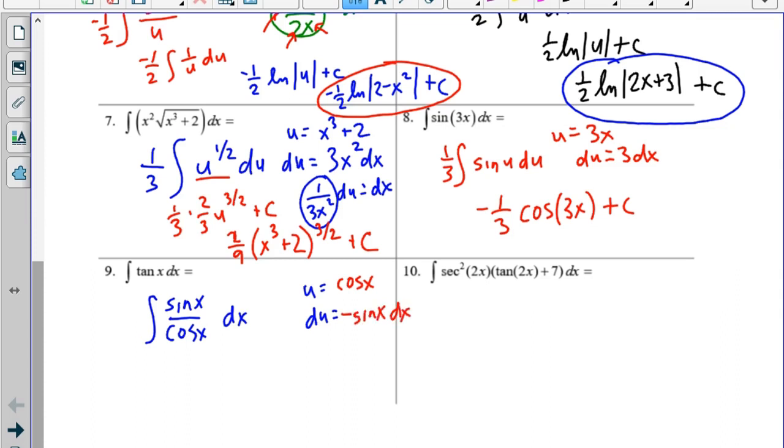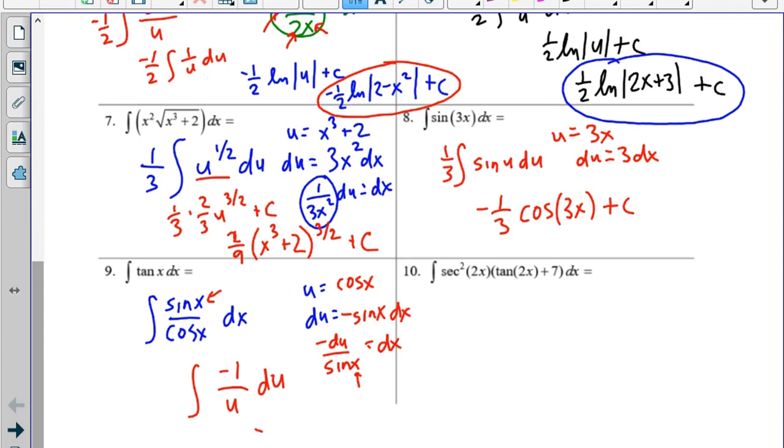When I integrate this, I replace cosine x with u, and there's a sine in the numerator that, when I replace dx with du, is also going to end up in the denominator, so those are going to cancel. So I had a sine x in the numerator, there's going to be a sine x in the denominator, those end up canceling. So I end up with negative 1 over u du, or negative du over u.